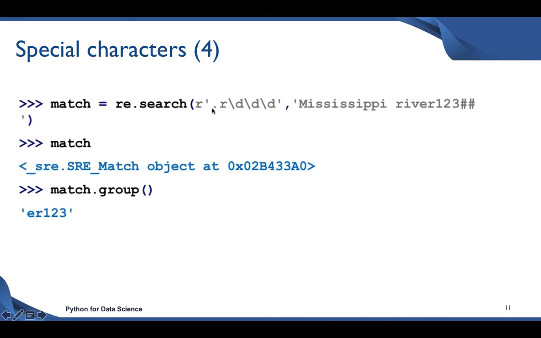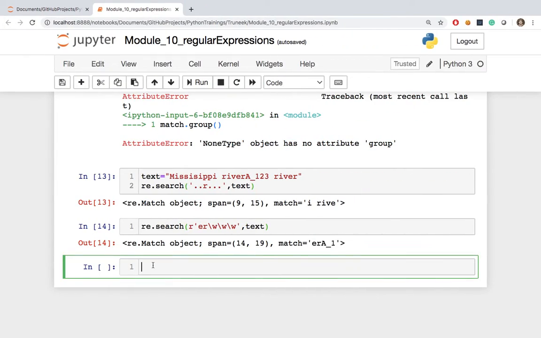Basically what we are trying to search for is R, before R there could be any one character, and after that we could have digits. So we will write re.search, then we'll specify the dot, R, after that a \d, \d, and \d.